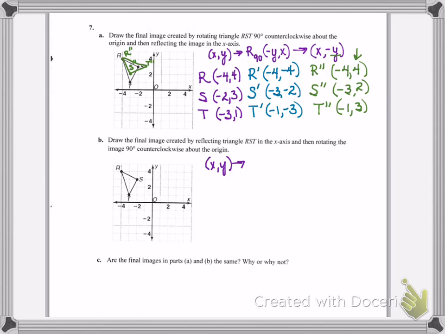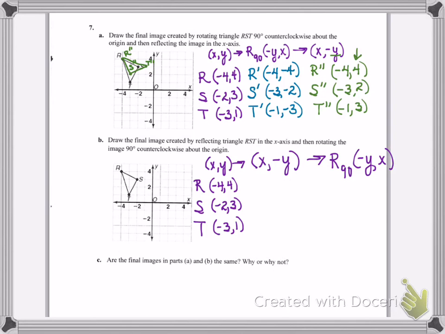So for part B, we're going to take an ordered pair. We are going to reflect it over the x-axis, which means we're going to follow the rule x, comma, the opposite of y. And then we're going to rotate it 90 degrees counterclockwise. So that is going to look like the opposite of y, comma, x. So you want to write your 3 original ordered pairs underneath. So those are my original ordered pairs, r, s, and t.